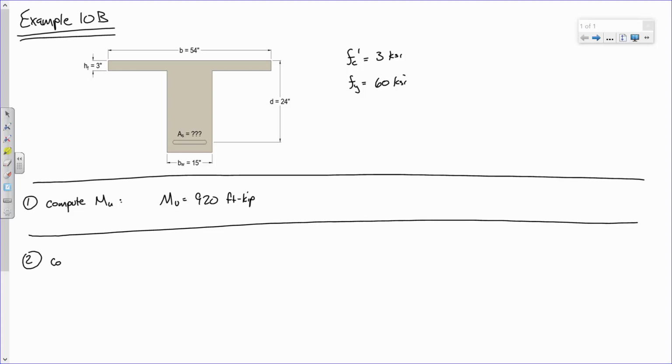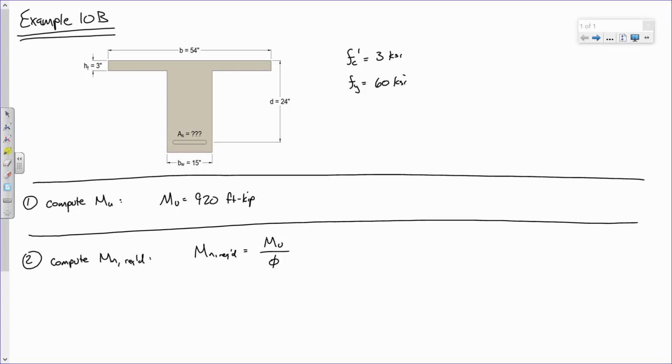So step 2 is to compute Mn required. And so that's Mu over phi.